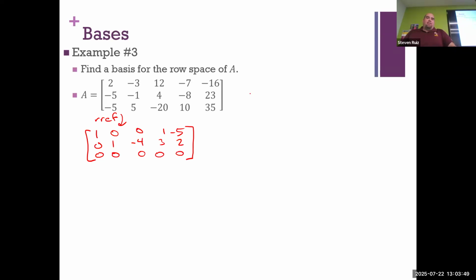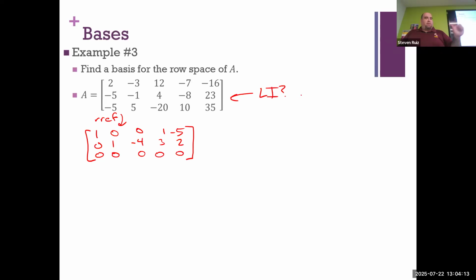If we look at A, are these rows linearly independent? I hear a no. Why is the answer no? How do we know? Because there's 5 rows and only 3 columns.